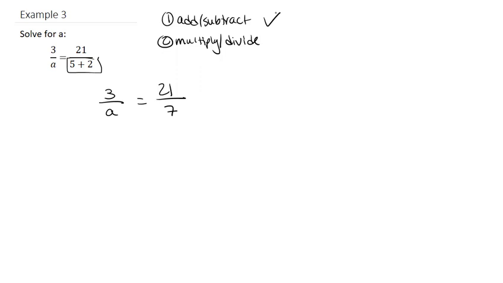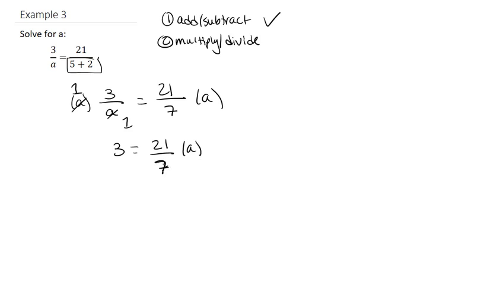Now, our next step will be to get a into the numerator and all by itself. So the first thing we're going to do is multiply by a on both sides, because a over itself is just equal to 1. So now we have 3 is equal to 21 over 7a.